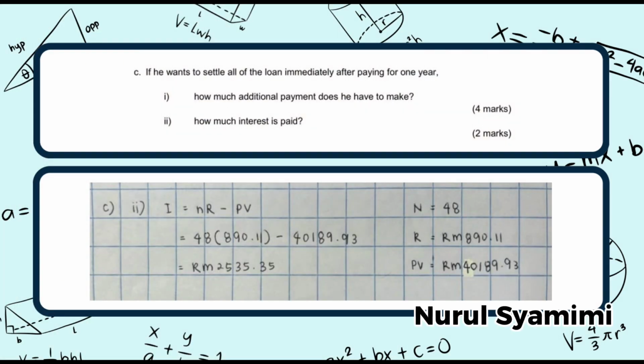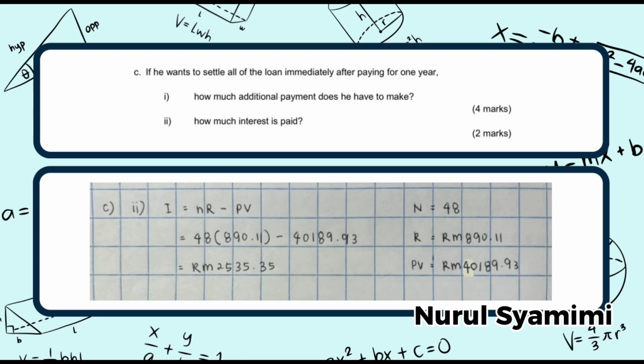Okay, next, question C to Roman. Here, the question asks how much interest is paid. So, now we want to find the interest. Okay, first, write the formula for interest, which is I equal NR minus PV. Next, put all the information in the formula. Write I equal 48 bracket 890 and 11, minus 40,189 and 93. N equal 48.